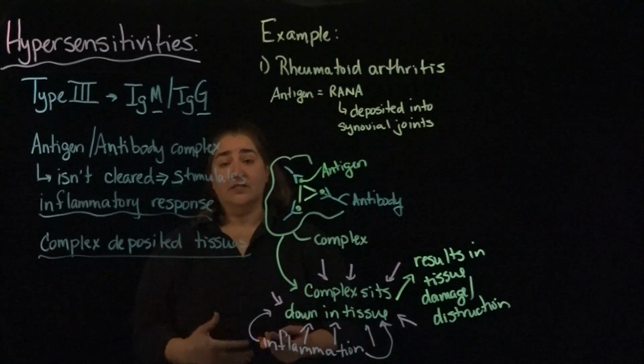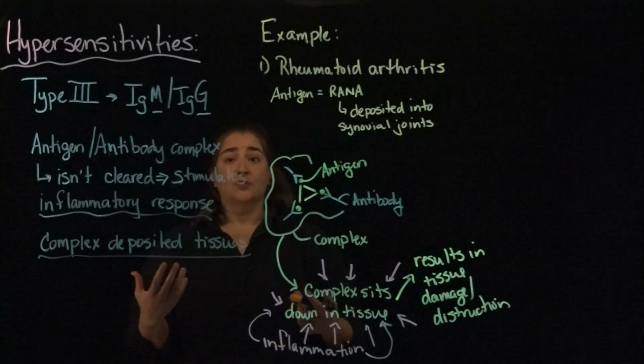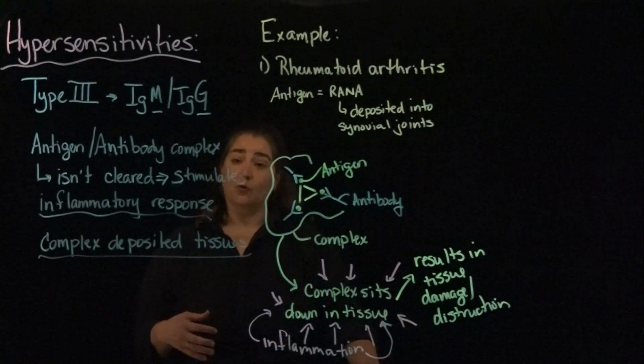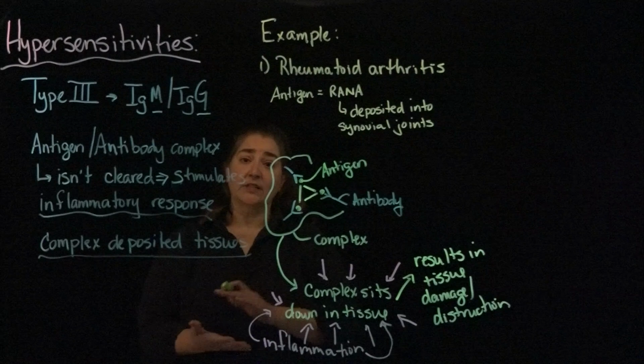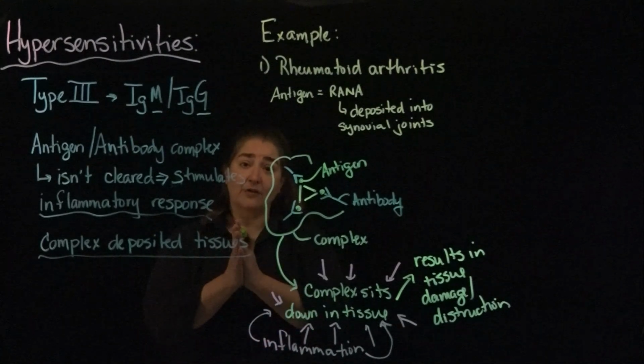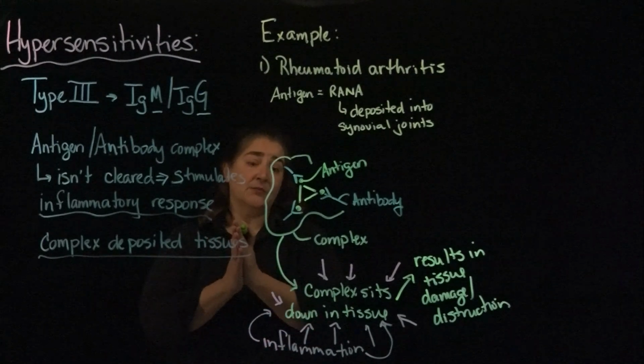Osteoarthritis is a wear and tear kind of thing. The individual tends to be much older. They've got joints where the cartilage has worn out, and you've got bone up against bone.